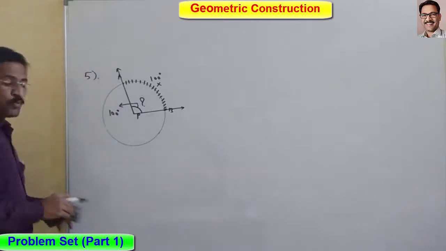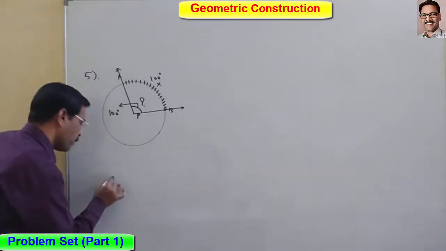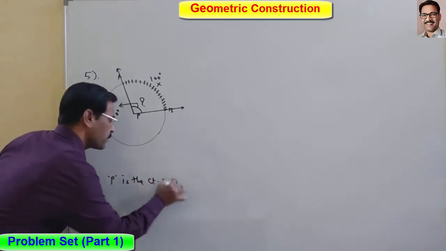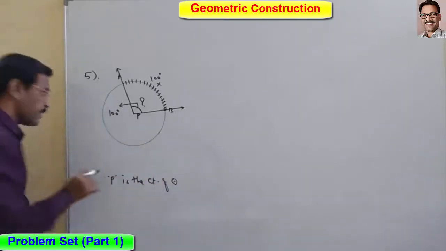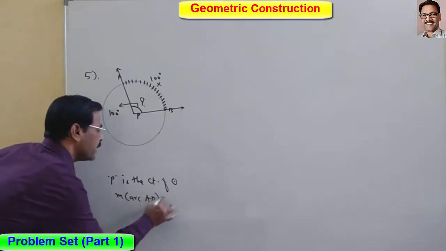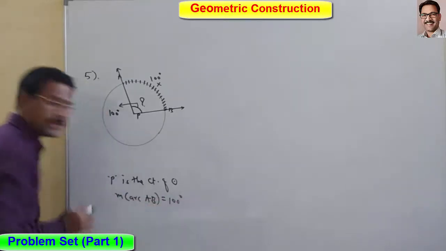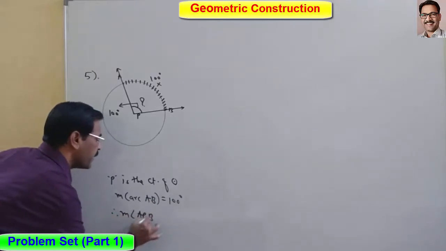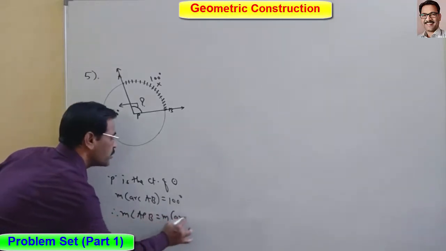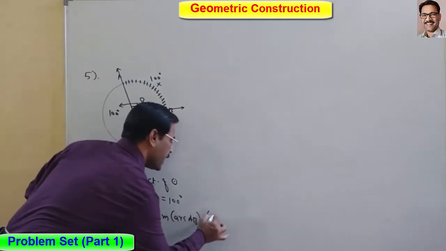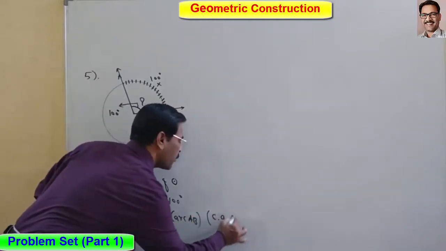First of all, what we can say here? P is the center of the circle. Now look here. Arc AB is of 100 degrees. Therefore, angle APB is equal to arc AB. This is by central angle property.